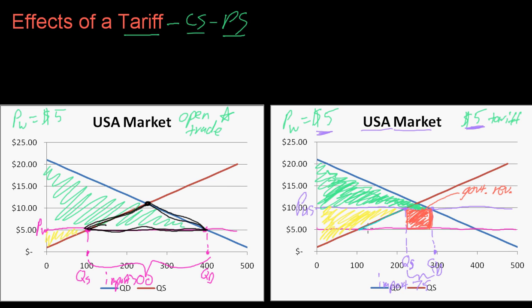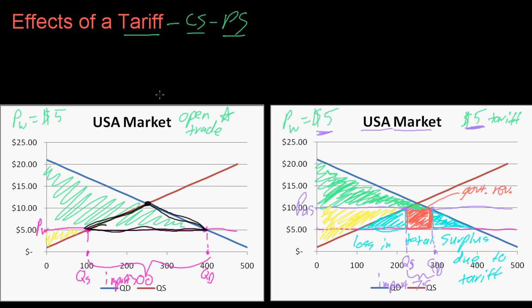So this triangle right here, and this triangle right here, these are the losses in total surplus from a tariff. So this is a loss in total surplus due to tariff.